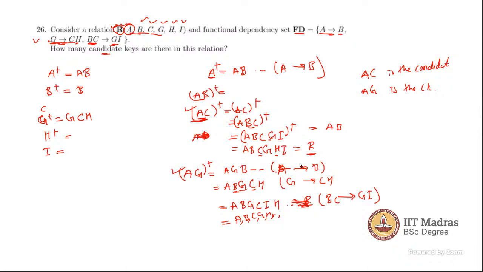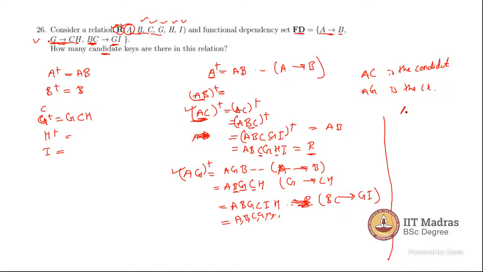Accordingly, you proceed till you exhaust all the functional dependencies that you can apply to increase the set of attributes. So any closure set is basically a set, that's why we call it a closure set. You can write in any order, that doesn't matter.